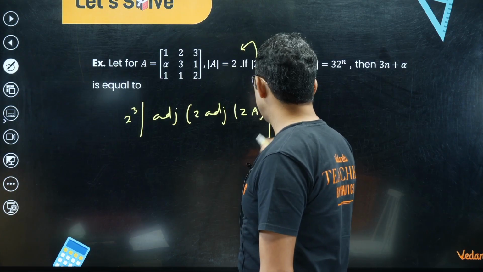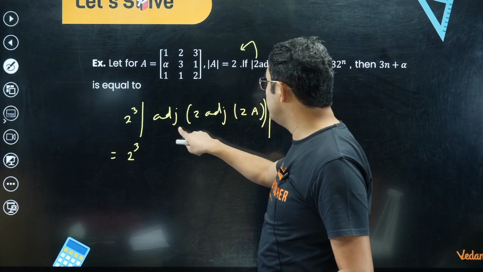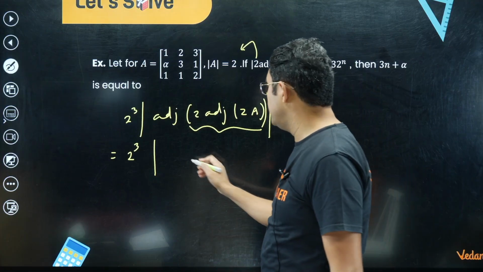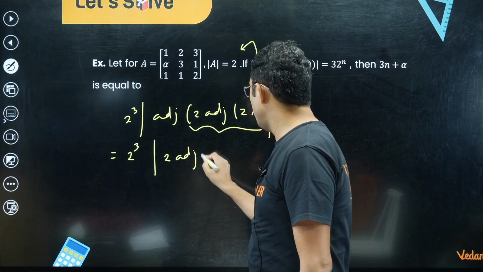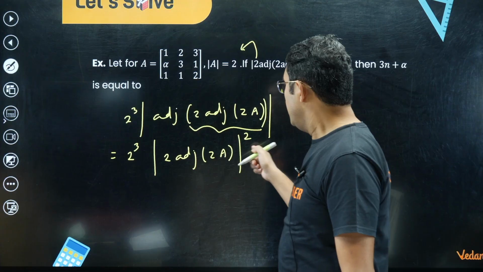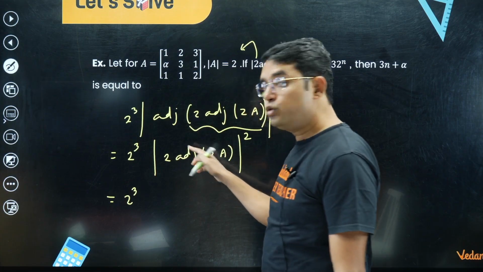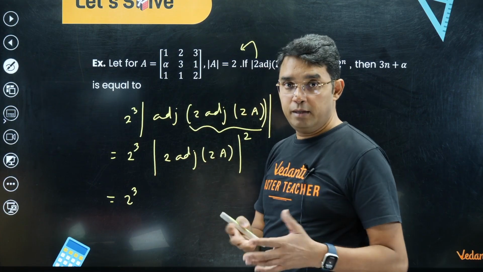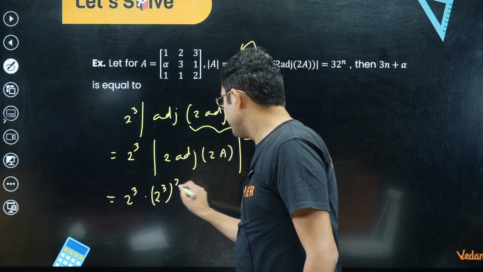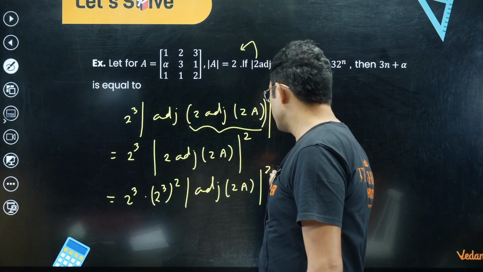Now the other property that we need to use here is that when we write the determinant of adjoint of something, then it is determinant of something power n minus 1. So it will be 2 adjoint of 2A whole power n minus 1, that is 2 here. Now once again I can take 2 common outside, so 2 power 3 outside, and whole square is also there, so it will be 2 power 3 whole square, and then determinant of adjoint of 2A whole square.